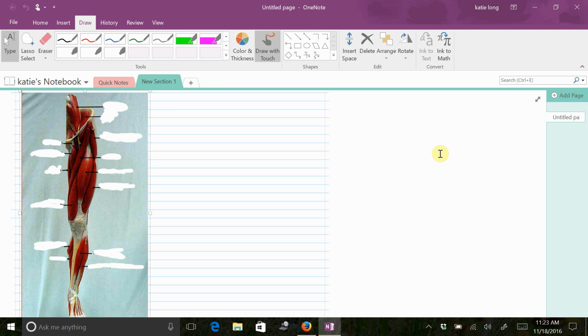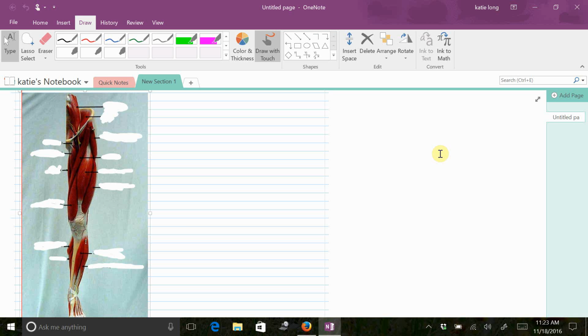You have a copy of the unlabeled images. So before we begin, I'd like you to pause the video if you have not already attempted to label these muscles on your own. So you'll want to do two things. For each image, you'll want to get your bearings.